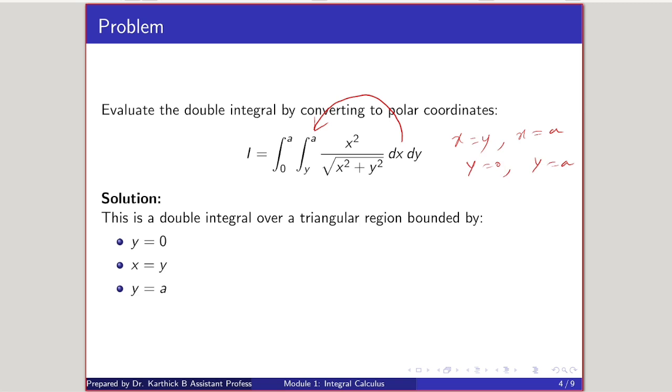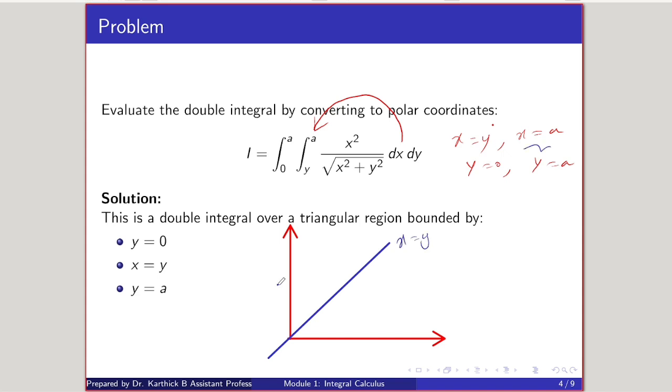With this we want to draw a graph. I may draw a simple graph. This is our x-axis and this will be the y-axis. First, x equal to y; this will be the graph for x equal to y.